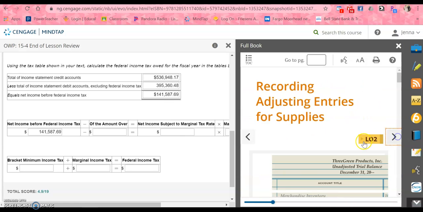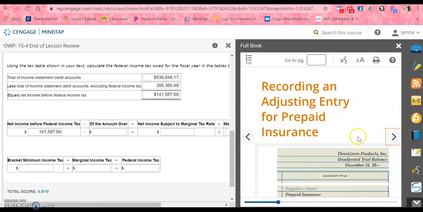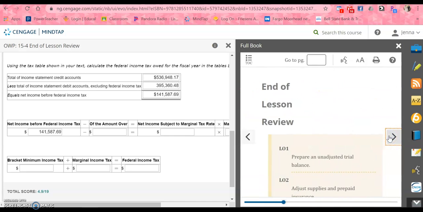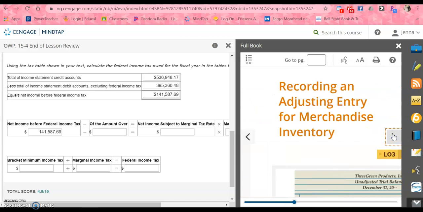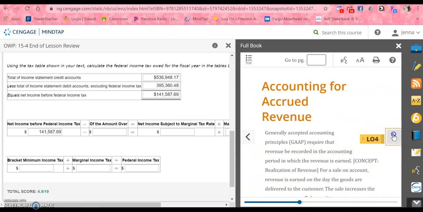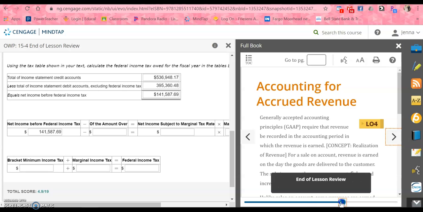We're going to have to scroll through, and I don't really know if there's an easier way to go through this, but I'm looking for 15.4. So I'm going to need to keep on scrolling through. Oh, look at that. If I go down at the bottom here, I'm learning right along with you. So there's 15.4.